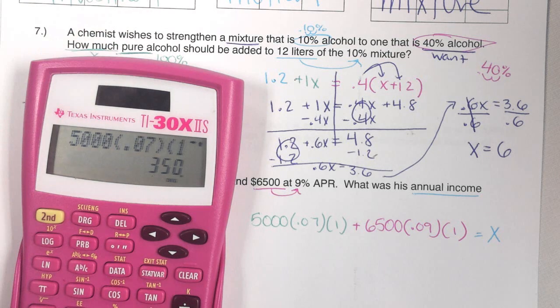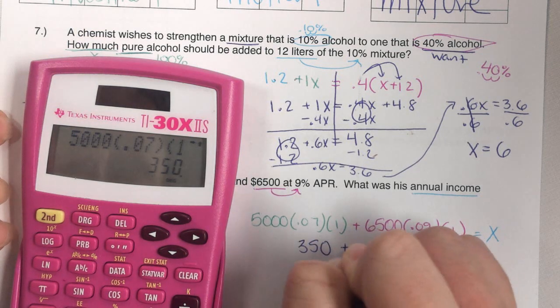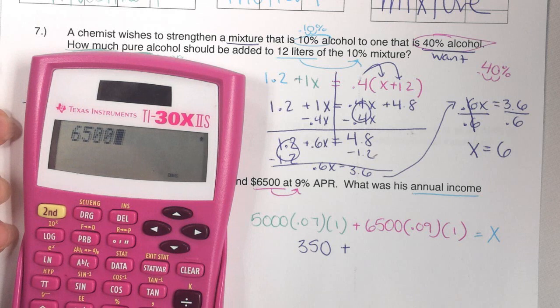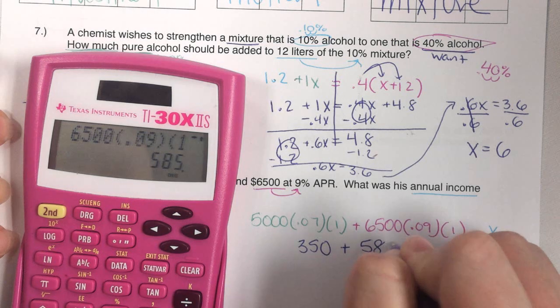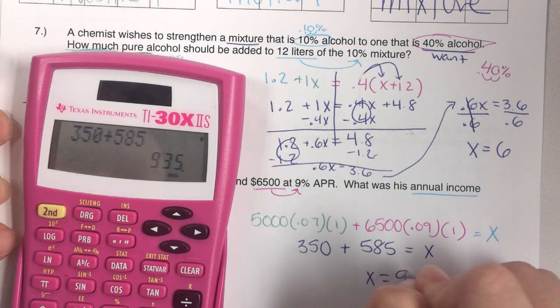I'm going to do it one piece at a time. So this is 350 plus $585 equals x. So 350 plus 585. So x equals 935.